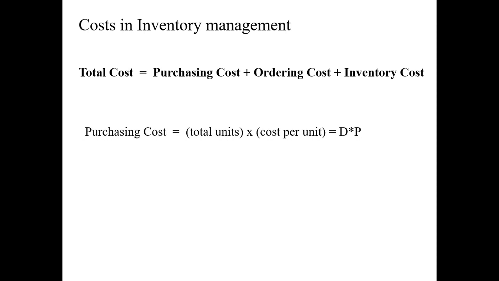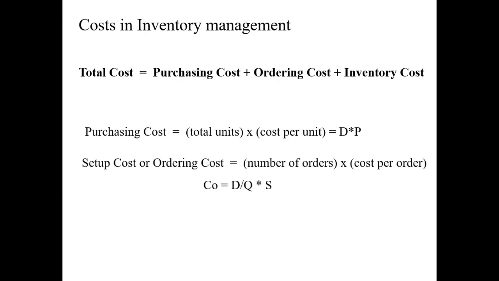The purchase cost is the total expense spent for the entire units that we are going to buy. If there are total units and this is the cost per unit, then the purchase cost is D times P, where D is the total units or the annual demand, and the cost per unit is P. So DP will give you the purchase cost.